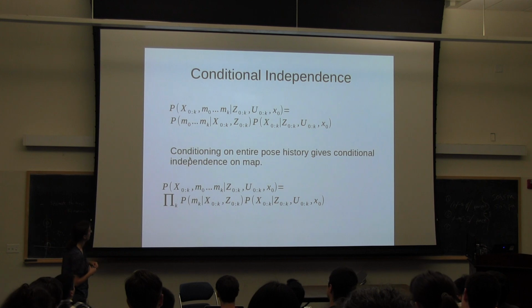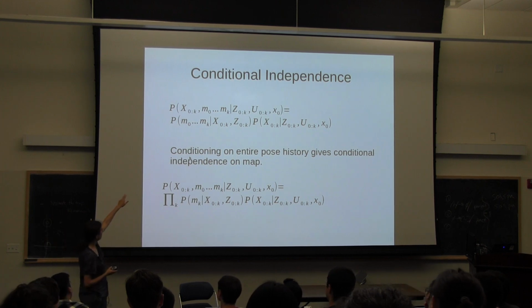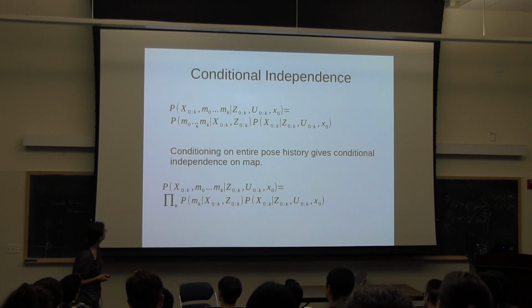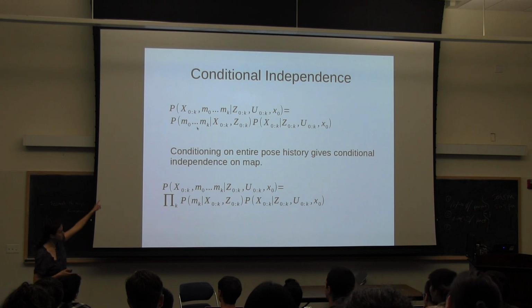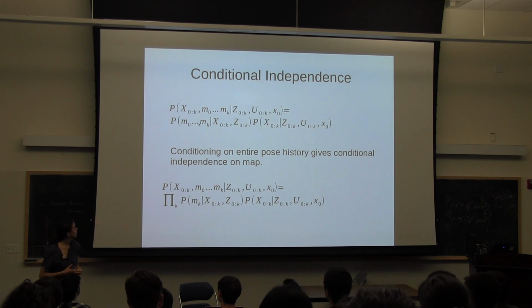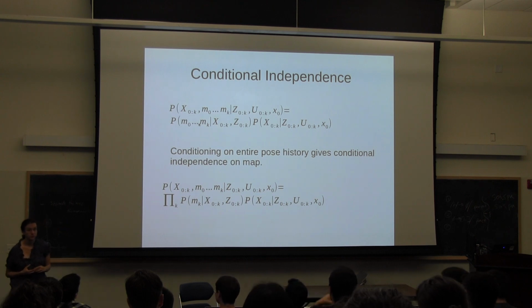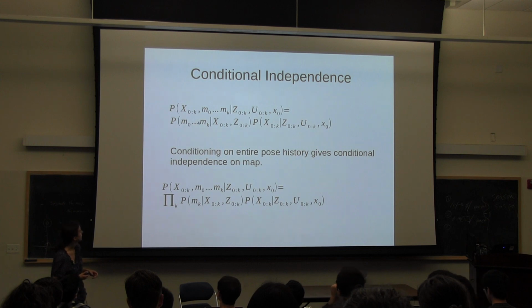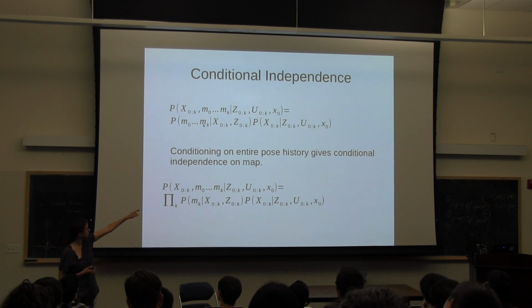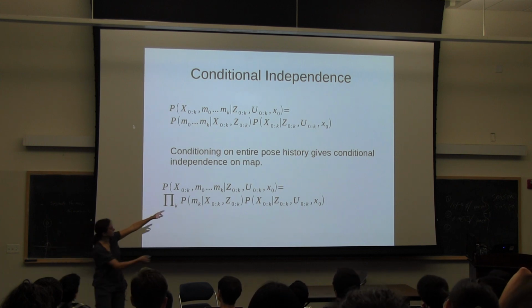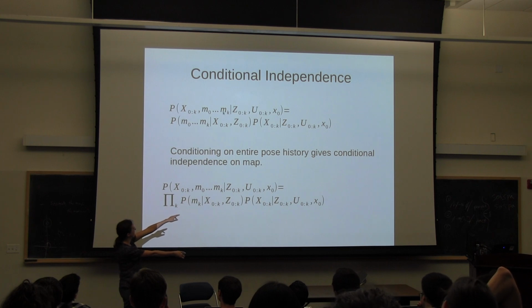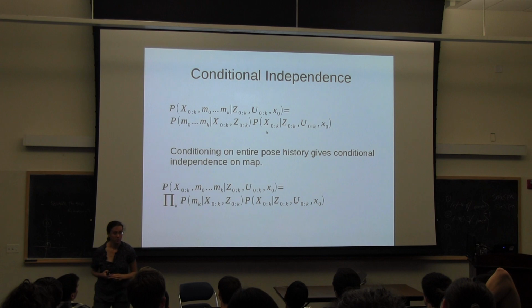So this is the math of that. I can factor it into these two parts. I have this distribution on all of the landmark locations given the trajectory through the map and my observations. And separately, I have this distribution on the state given my observations.